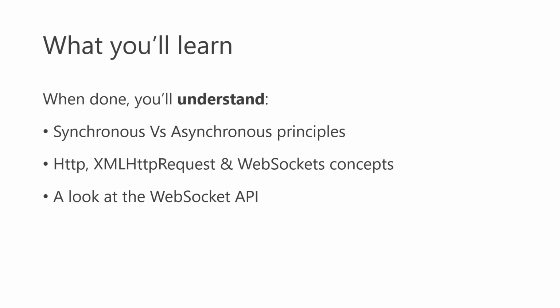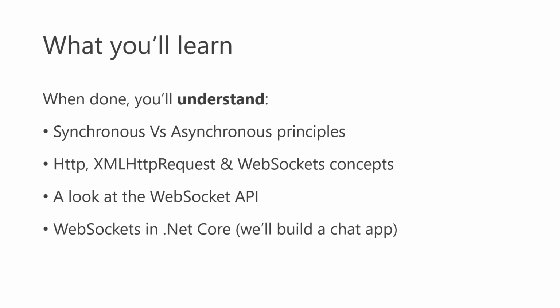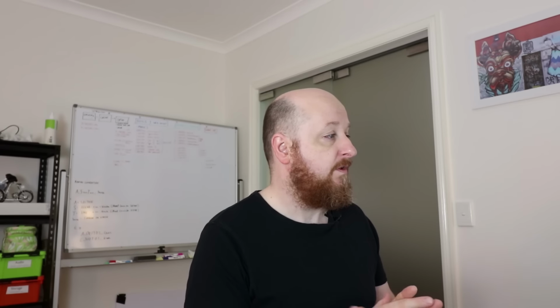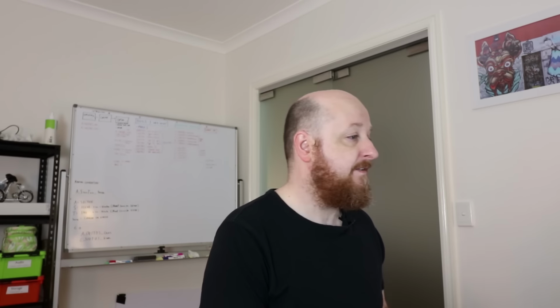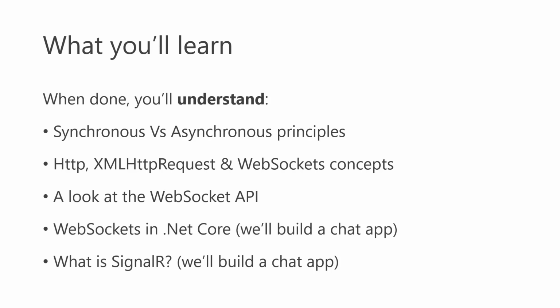We'll take a very brief look at the WebSocket API. It's pretty simple. And then the main part of the tutorial is we'll do a full WebSocket server in .NET Core, and also we'll have a JavaScript client.